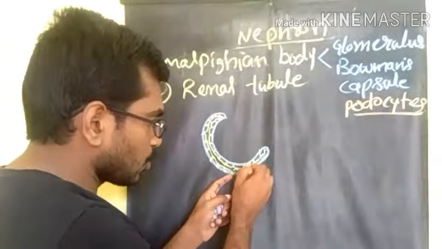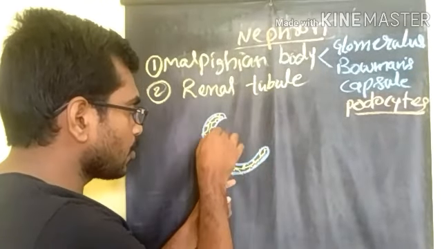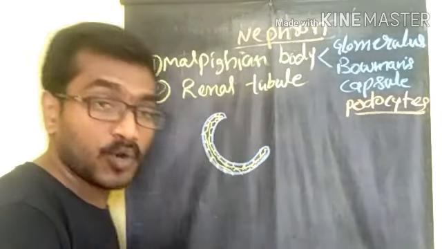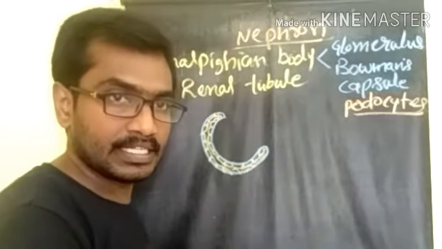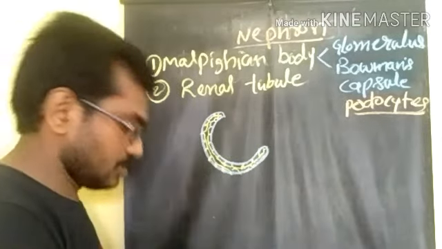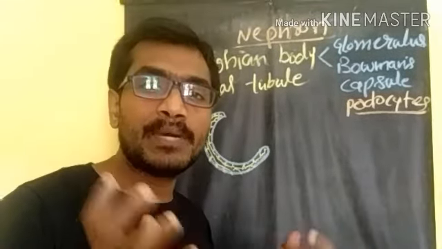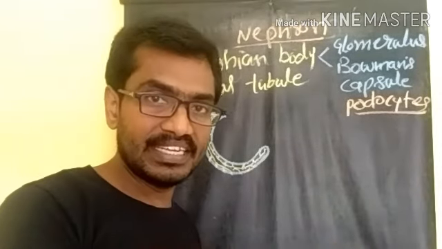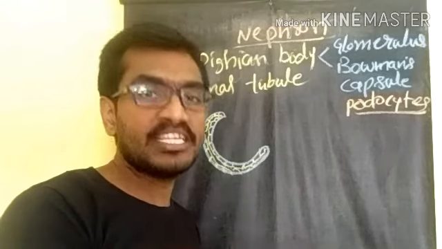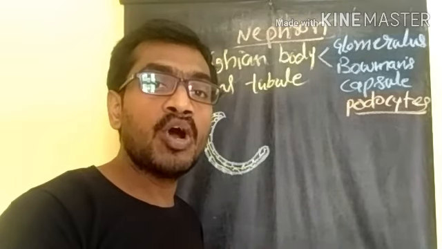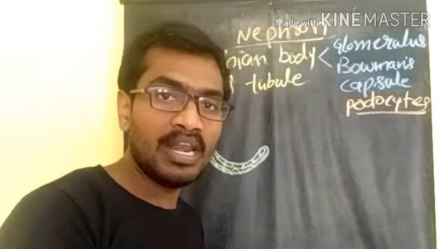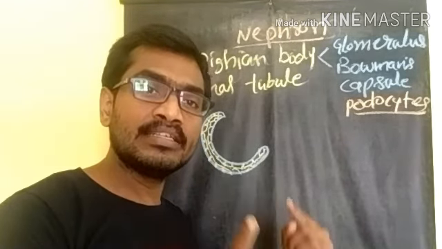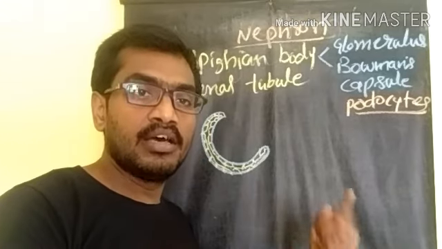In between these podocytes, small pores are present. Here we know that the renal artery brings blood to the kidneys. After entering the kidney, it branches off into small arterioles. These arterioles enter the cortex.